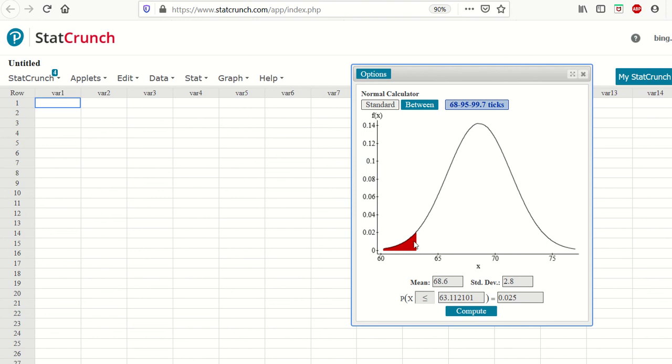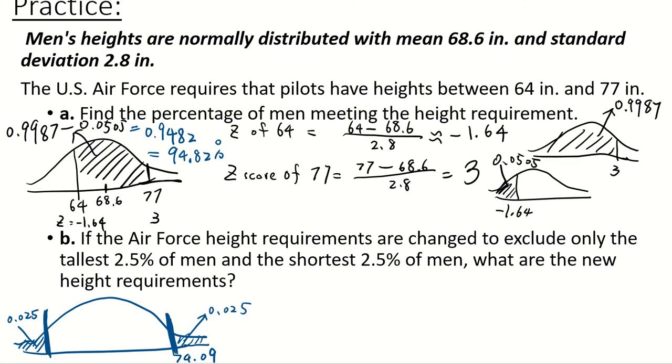The area of the tail is 0.025, and the value is 63.11. So the new height requirements are from 63.11 to 74.09.